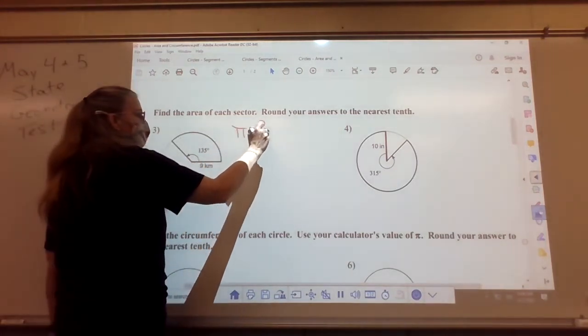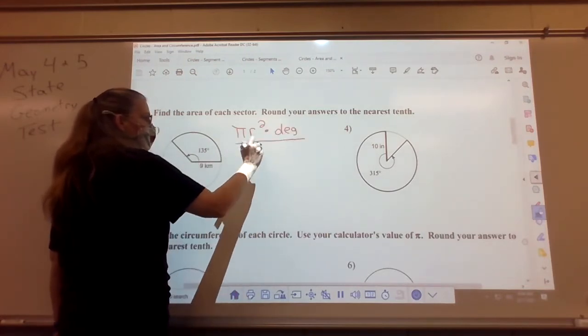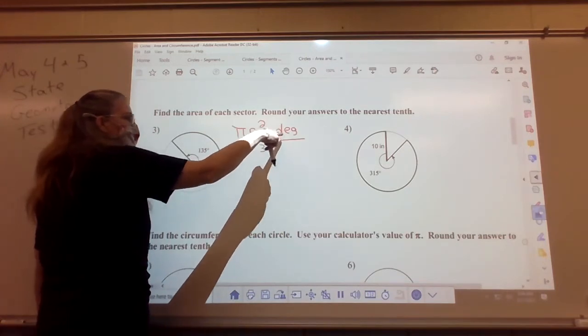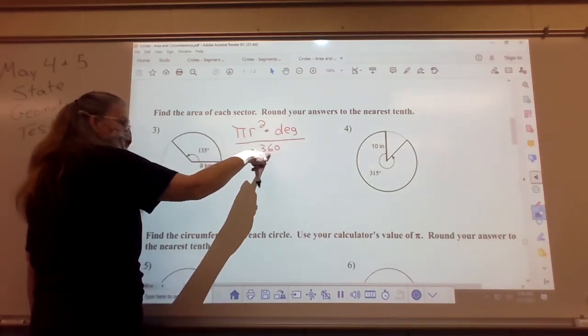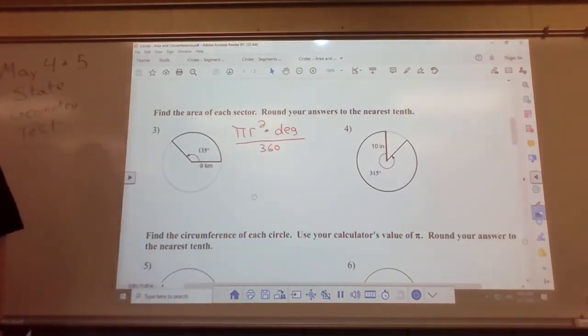So if I multiply by the degree, but then divide by 360, the degree over 360 gives me the part of the pie I actually want. So it's 135 degrees out of 360 degrees. So it's kind of a third, a little more than a third. So that's our formula.